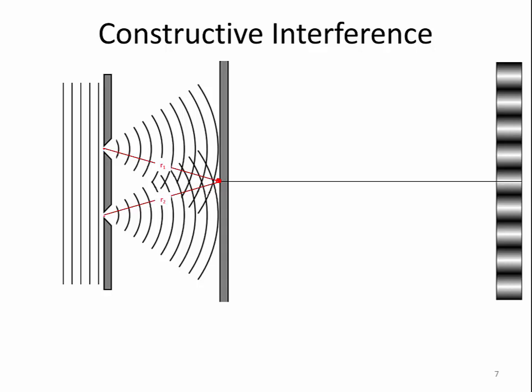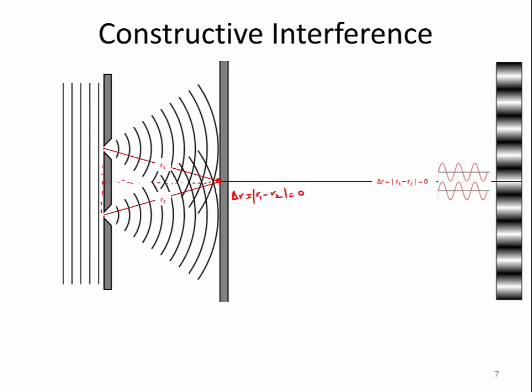You can see, based on just symmetry and geometry, that given that this is exactly between the two slits, we have two triangles here that are identical to each other, which means R1 is equal to R2. If we define something called delta R, which is R1 minus R2, and we are just interested in the absolute value, we don't care which one is longer, for this very center point that's going to be 0. Because R1 and R2 are equal to each other, when I take the difference between the two, I'm going to get 0.